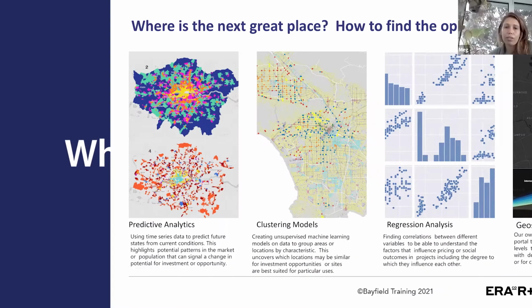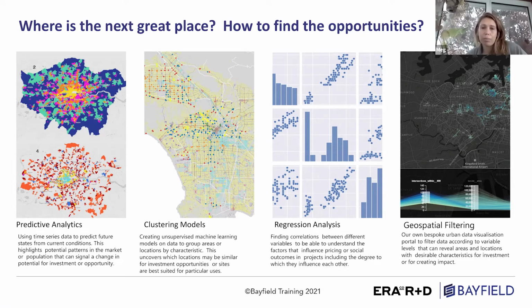So I'll focus on the first question to start with and talk a little bit about the methods that you can apply to those scales. In terms of working out where is the next great place, or if you wanted to make a particular kind of impact or return on your investment, which locations will provide that, or what locations are like another location?